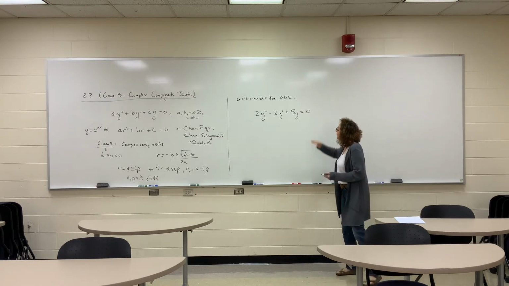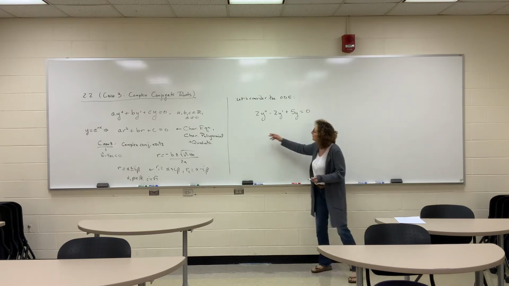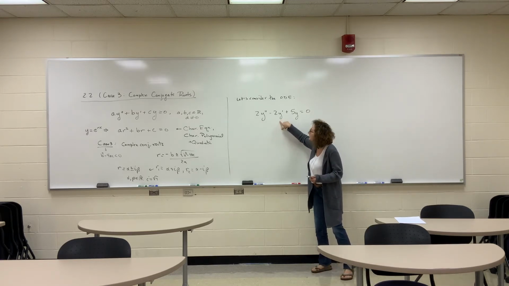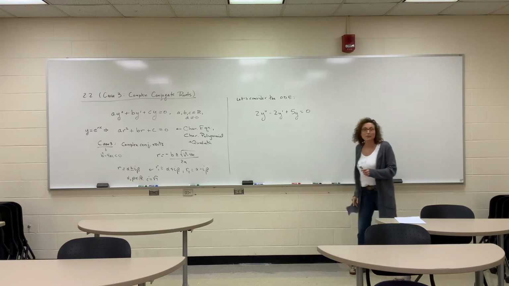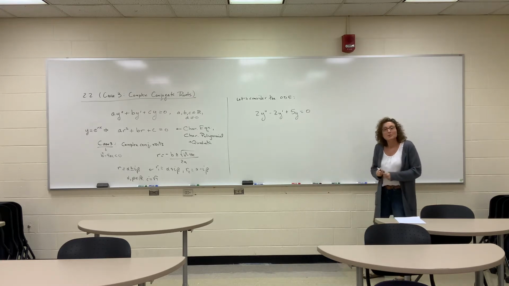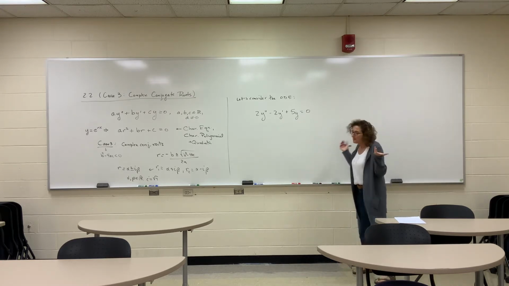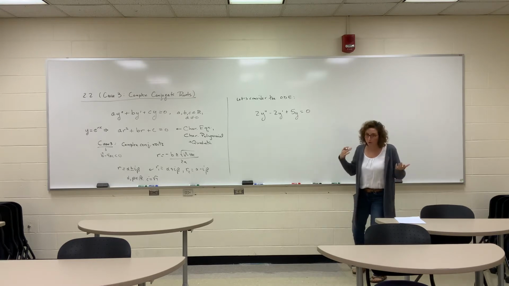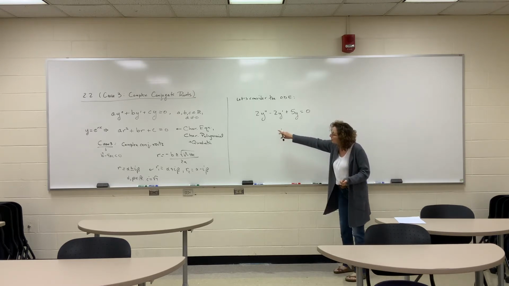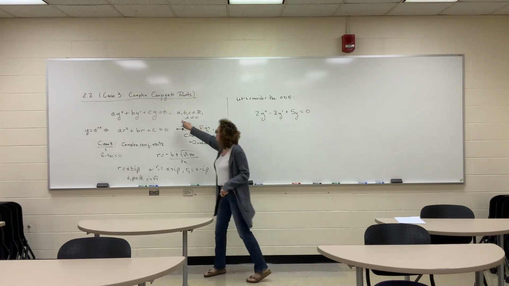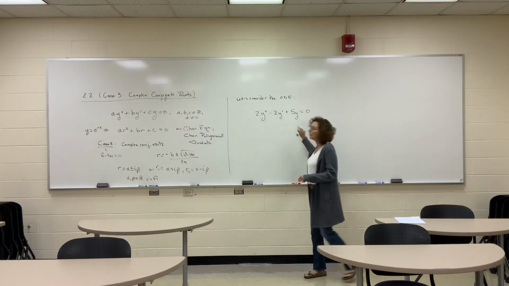This is, find me all functions out there in the world where twice their second derivative minus twice their first derivative plus 5 times themselves is 0. But when we say out there in the world, we mean out there in the real world, right? We're starting with real number coefficients, right? A, B, and C: 2, -2, and 5.